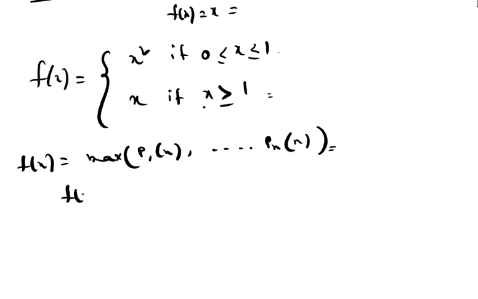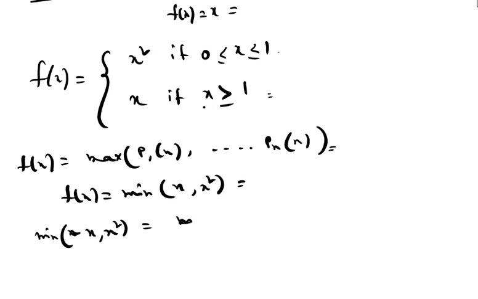We are given f(x) equal to minimum of x, x square. But notice something clever: minimum of x, x square is equal to minus of max of minus x, minus x square. So our function is the negative of max of two polynomials.